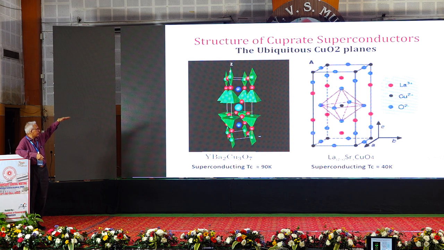So all the cuprates have this ubiquitous structure of a copper oxide plane. And this one is a 40 Kelvin superconductor, and this yttrium is a 90 Kelvin superconductor, and there are some other mercury materials which have 120, 130 Kelvin superconductivity.